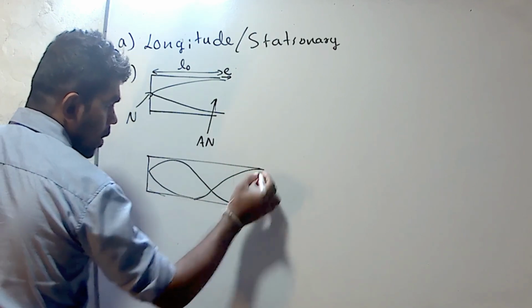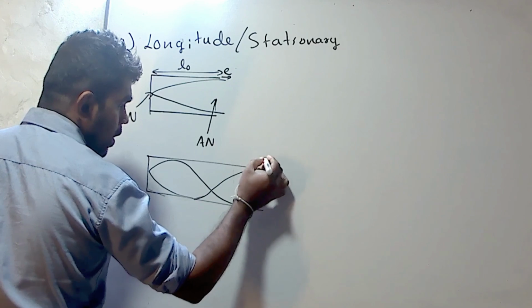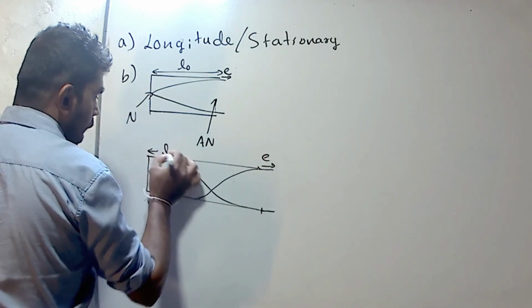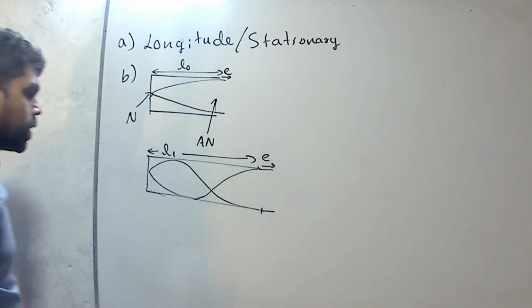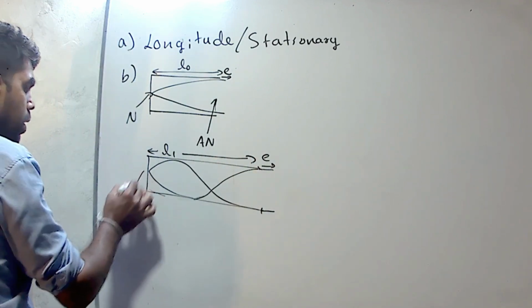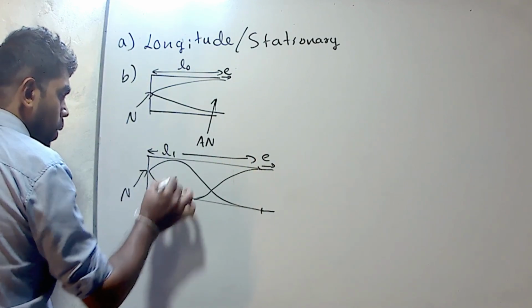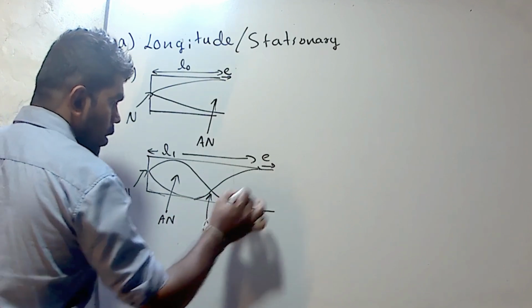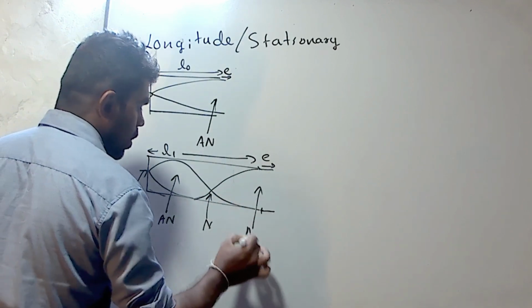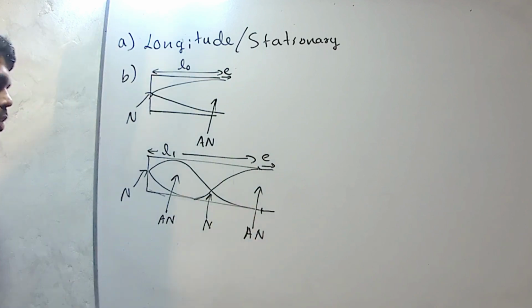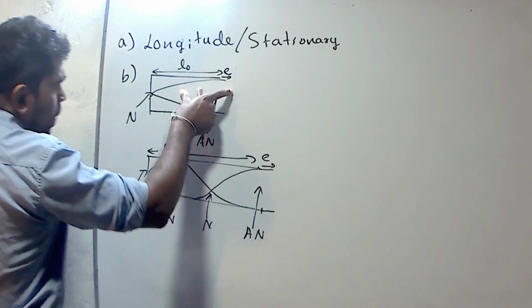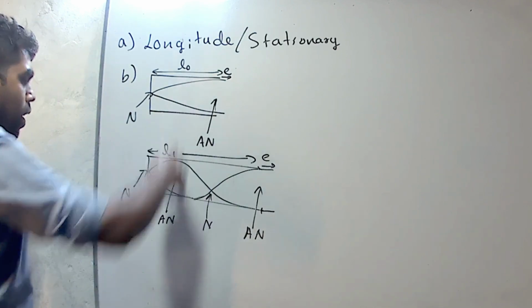Again, this one is the end correction. They have given length L1 for the first overtone. This point is a node, this point antinode. Again, this point node, this point antinode. And we have to remember that approximately the length of this resonance situation should be 3 times of this one.